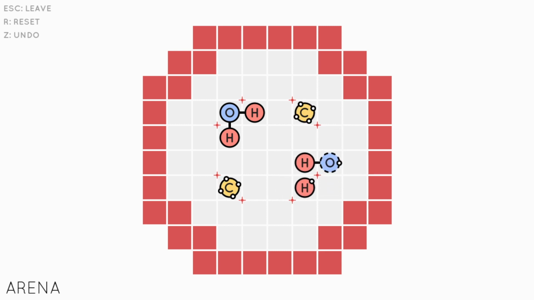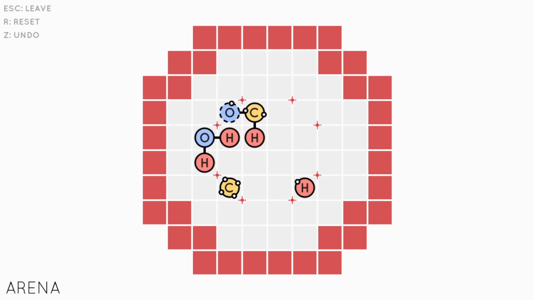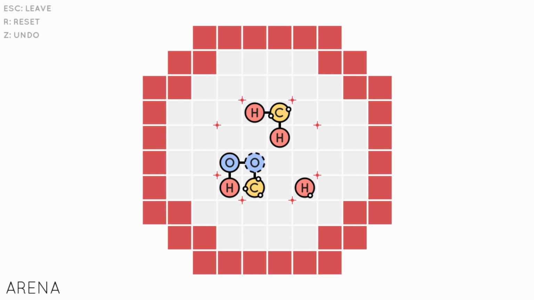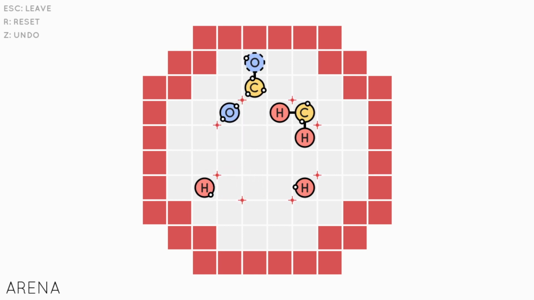So 2 carbons is ethane, 2 alcohol groups is a diol. This is gonna be very, very janky though, like the way I'm moving stuff around. Because I want a diol, I don't think I want to bond 2 oxygens together. Okay, let me just see if I can finagle my way to this.